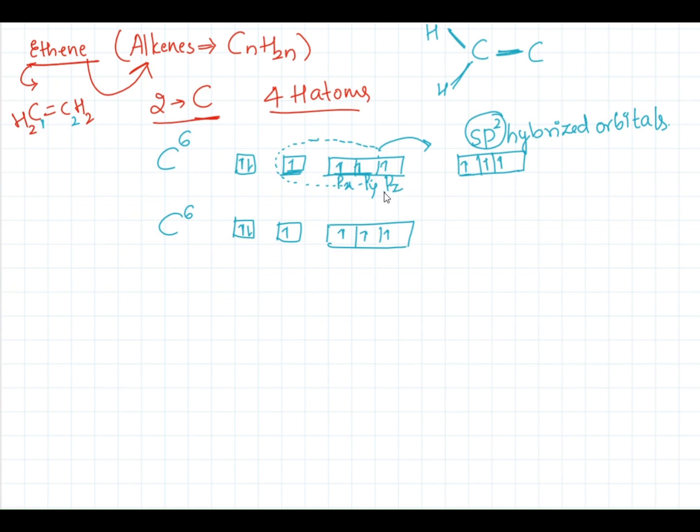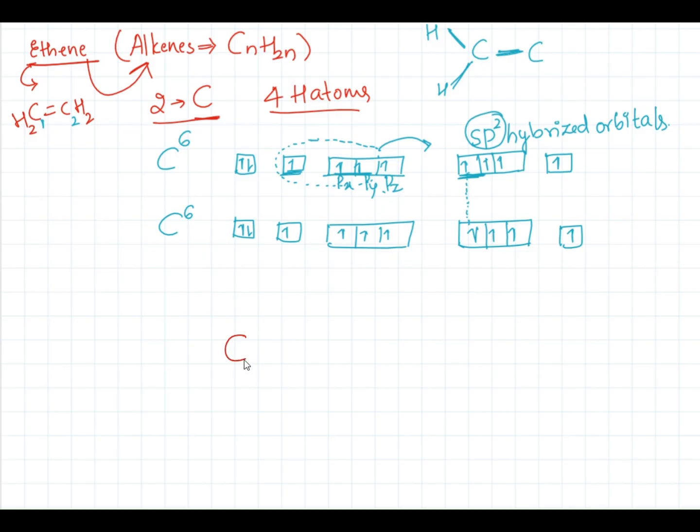The unhybridized p orbital is also there, which also has 1 electron. Similarly, this carbon will also undergo sp2 hybridization and form 3 sp2 hybridized orbitals and have 1 unhybridized p orbital. Now, the sp2 hybridized carbon will overlap with another sp2 hybridized carbon atom.